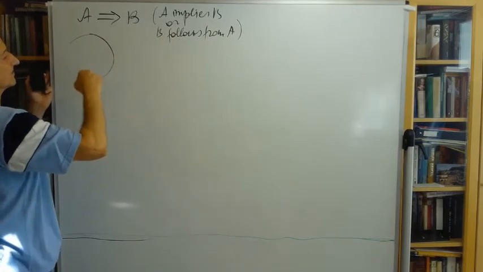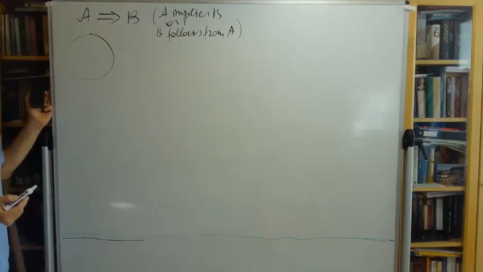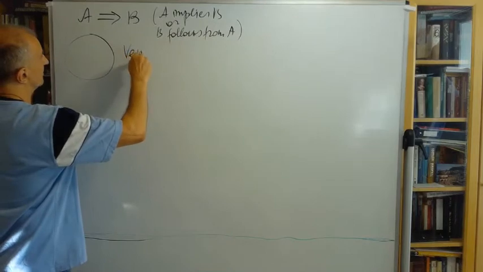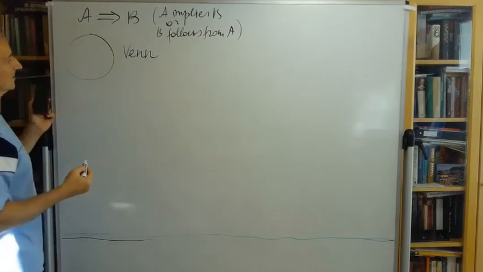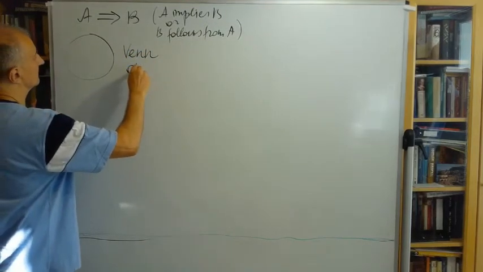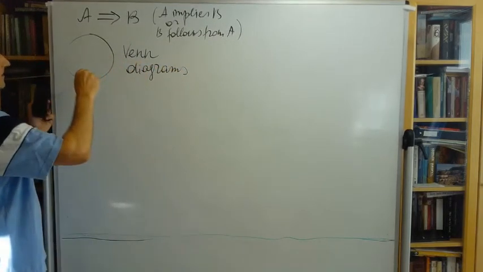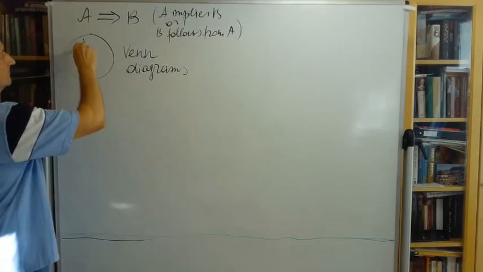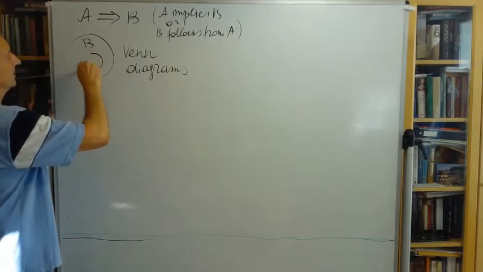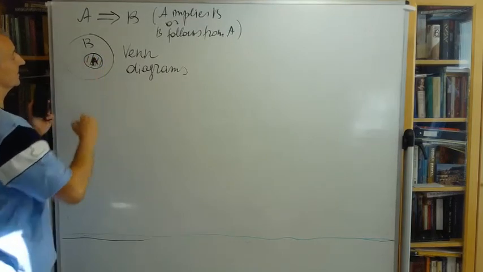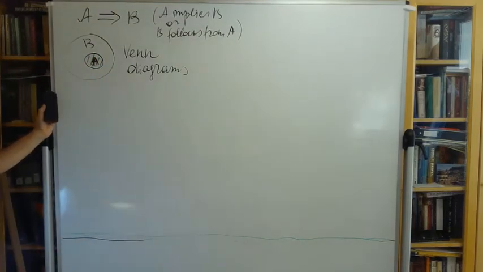These circles, I don't know why it necessarily must be a circle, it can be just anything. Usually called in statistics and set theory Venn diagrams. So B is the whole big thing, and A is inside it. So if something is A, it is necessarily B.